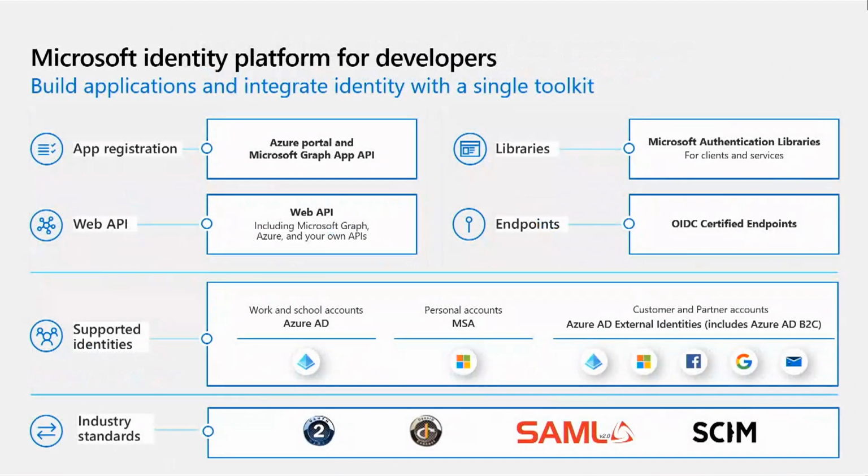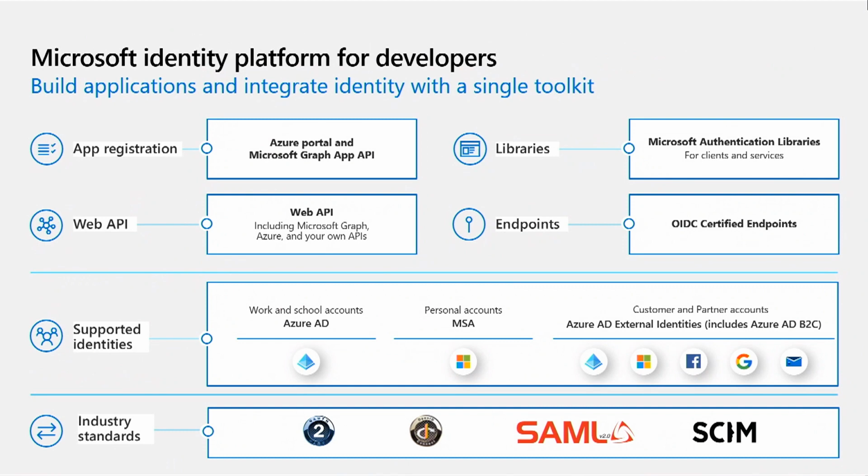So what capabilities exist in the Identity Platform? Well, we start with the top left. The Azure portal is where you go to register your app on top of the Identity Platform. And then once you've registered your app and you have that in your organization, you're going to get one of the libraries that we offer, like MSAL, that we're going to talk about in a little bit, and use that to build your application's code so that it's securely consuming the service endpoints that the Identity Platform exposes.